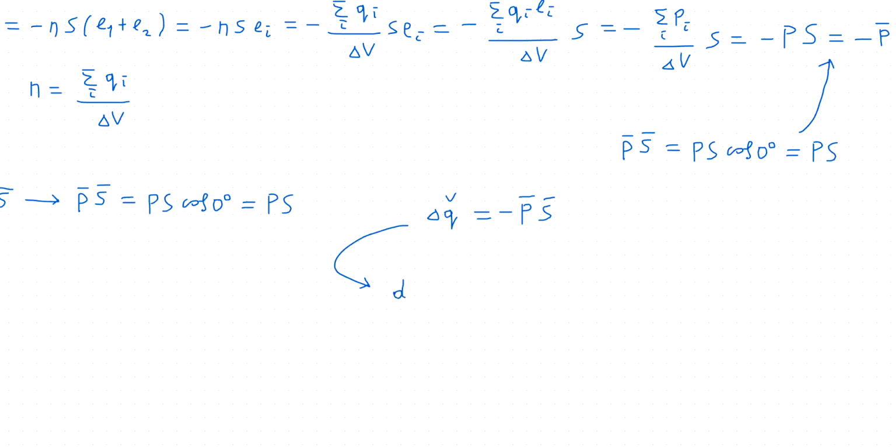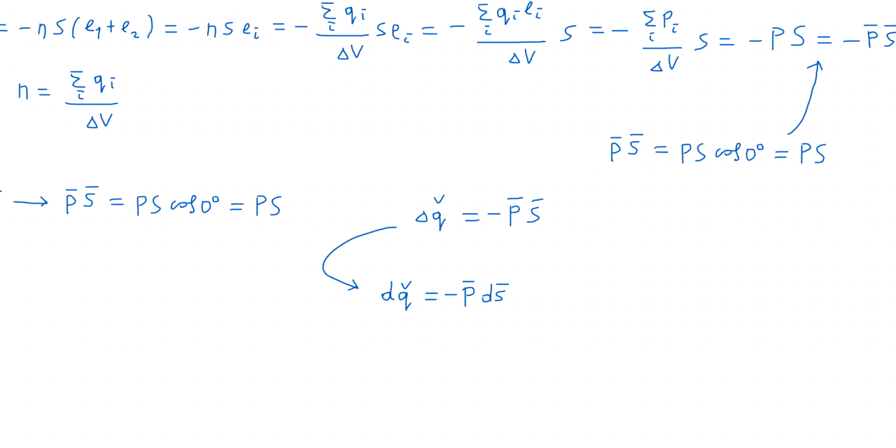So the change of bound charge is equal to minus P dS. And this will work for a non-homogeneous field and for any surface S, not just for a plane surface.